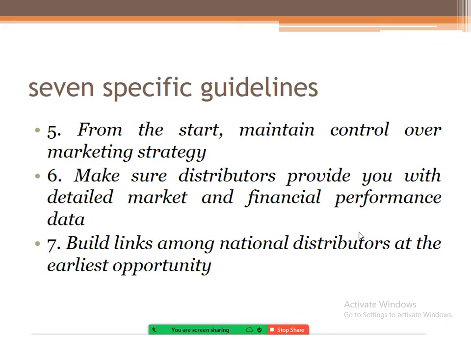The last guideline is build links among the national distributors at the earliest opportunity. A manufacturer should attempt to establish links between its network of national distributors. National distributor means such agencies or organizations which are distributing the products in the entire nation.